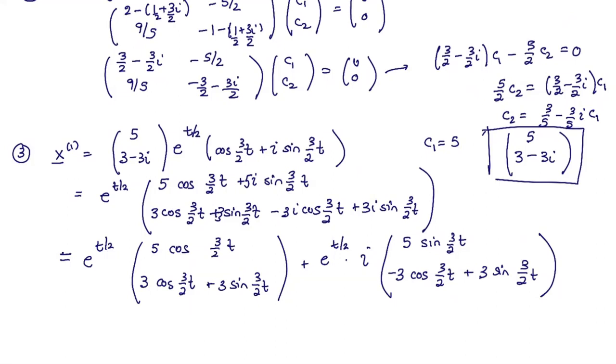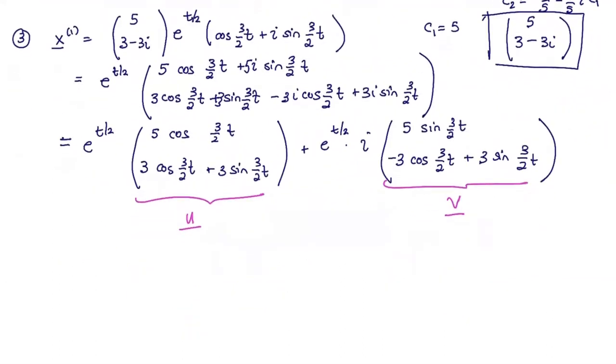And we drop the i, so that we end up with our u and our v, which are linearly independent of each other.